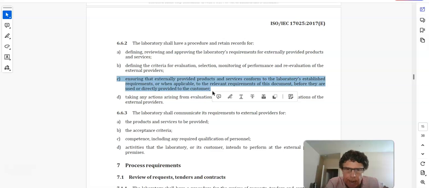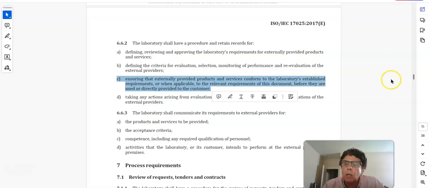And oftentimes that is the reason why you will see a calibration certificate that does not have an expanded uncertainty of measurement on it, because the calibration service didn't have the equipment to provide that for you, because perhaps you didn't ask them for a calibration under the requirements of ISO 17025.